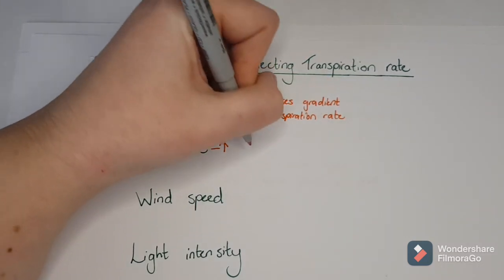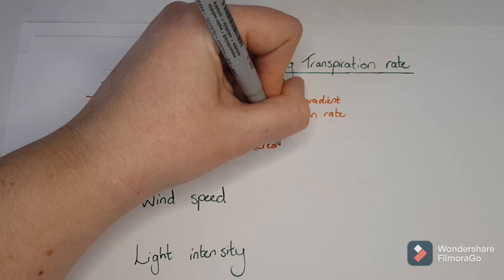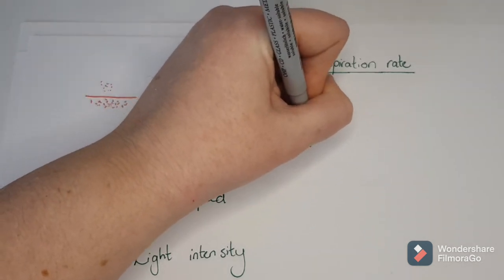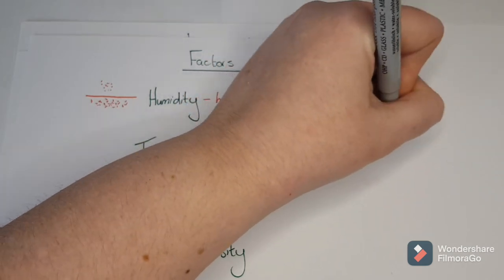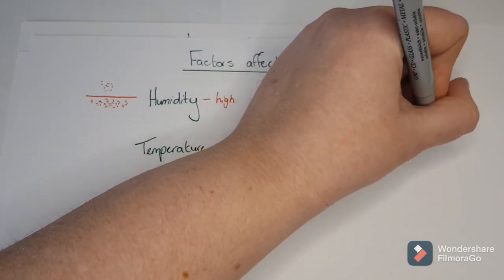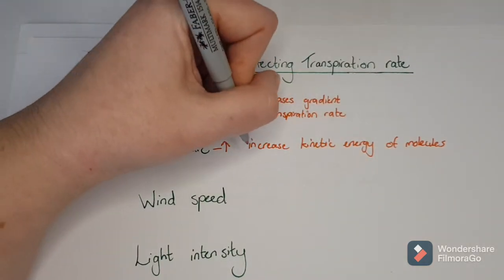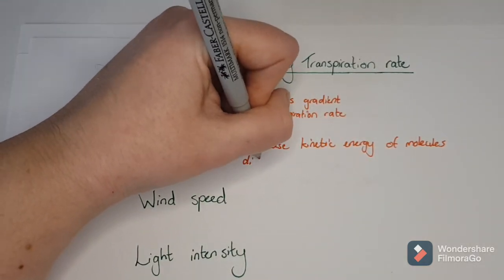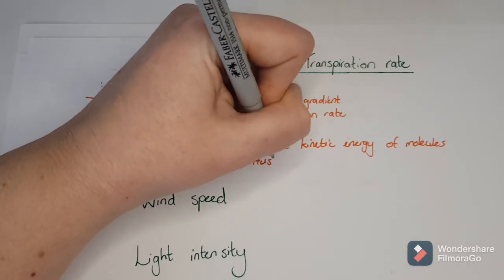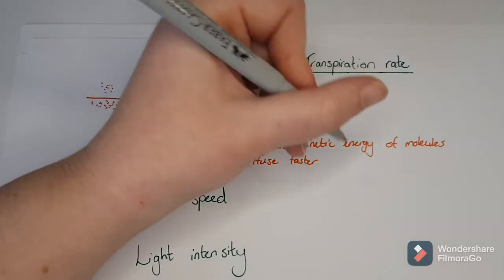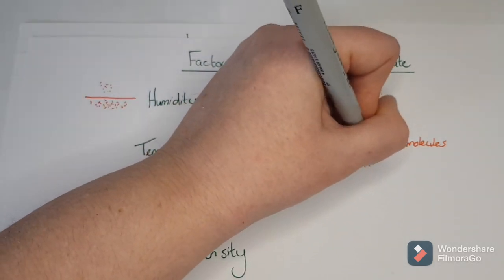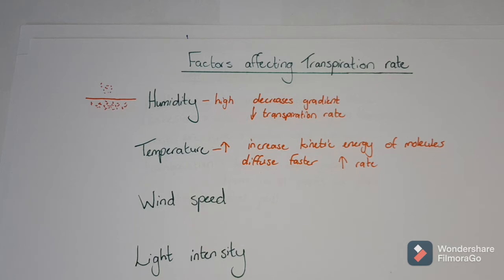So an increasing temperature increases the kinetic energy of the molecules, which means that they diffuse faster down the gradient. So it would then increase the transpiration rate. And then obviously if I decrease the temperature, it would be colder, so there's less kinetic energy, so then it would be slower.